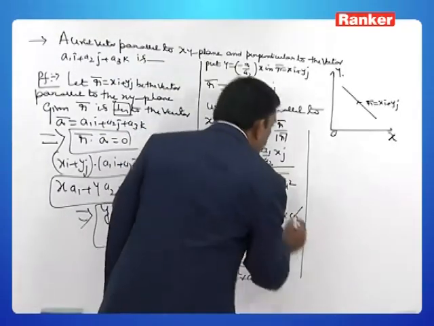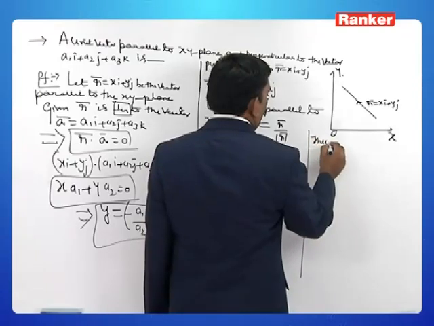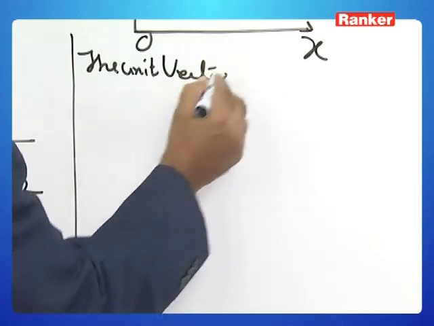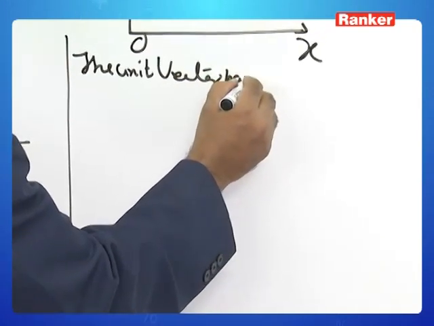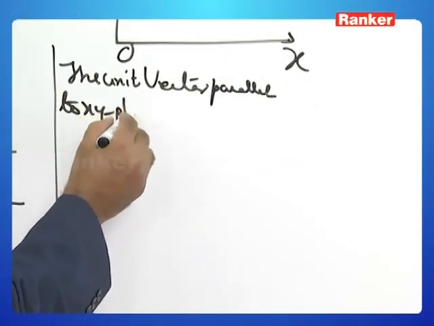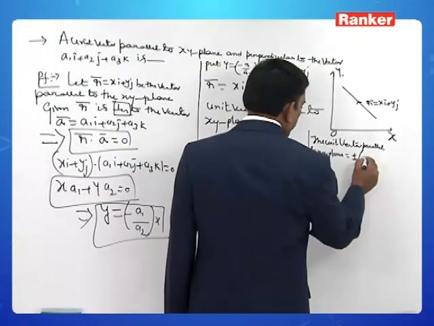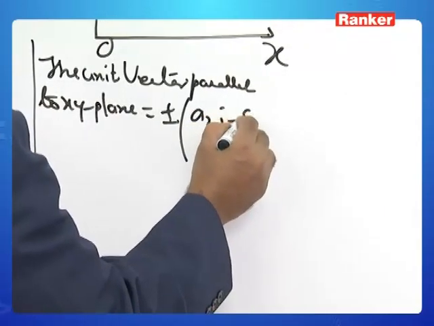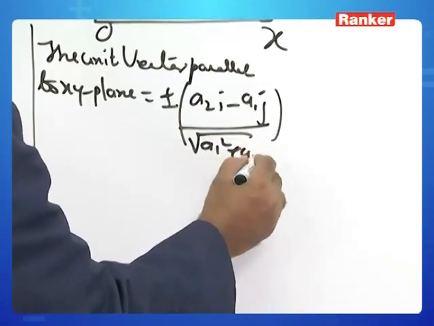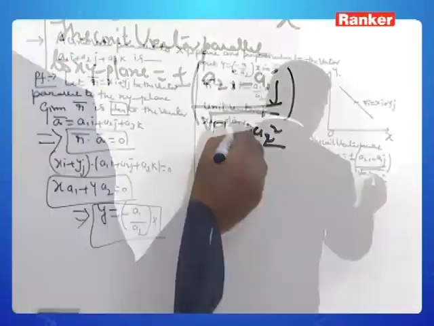I can write the unit vector parallel to xy plane is given by plus or minus a2 into i, a1 into j by square root of a1 square plus a2 square.